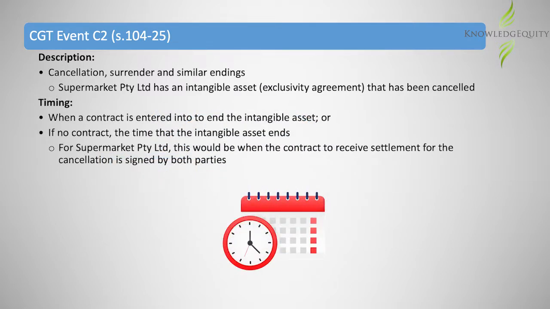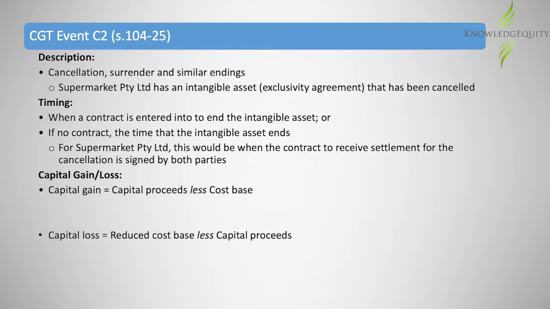The time of CGT event C2 is when a contract is entered into to end the intangible asset. If there is no such contract, the CGT event is at the time that the intangible asset ends. The formulas for calculating capital gains and capital losses for CGT event C2 are the same as CGT events A1 and C1.